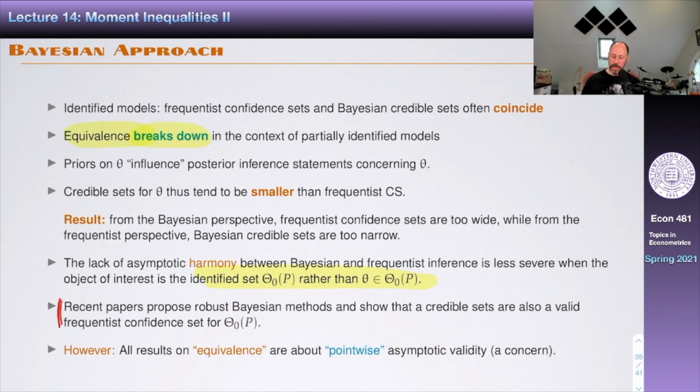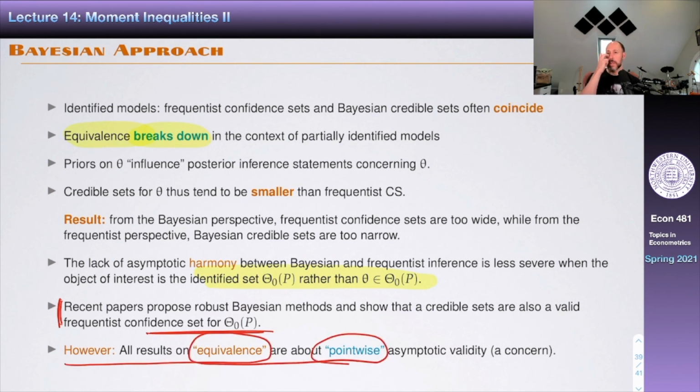But the problem is that when these papers talk about equivalence, they're talking about pointwise asymptotic equivalence, which is a concern. Because in this literature, even though I haven't emphasized it through the discussion, all the methods that I discussed so far have uniformly valid statements in their papers. That's an important consideration in this literature.